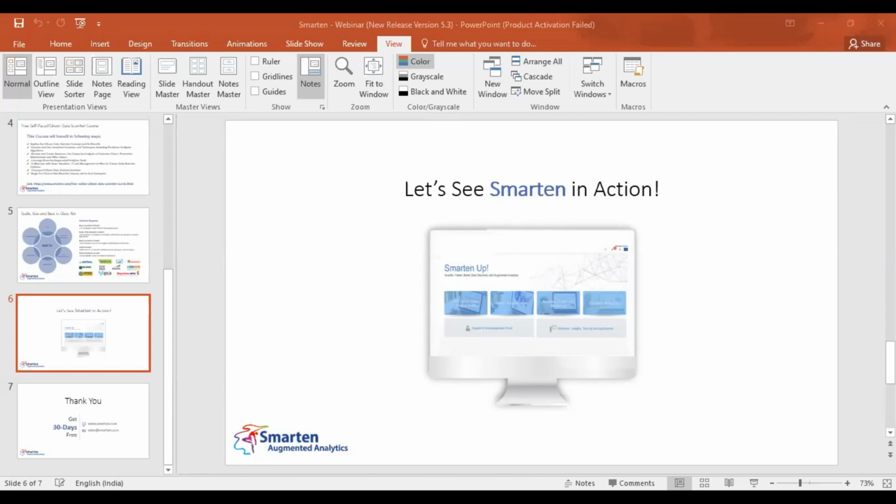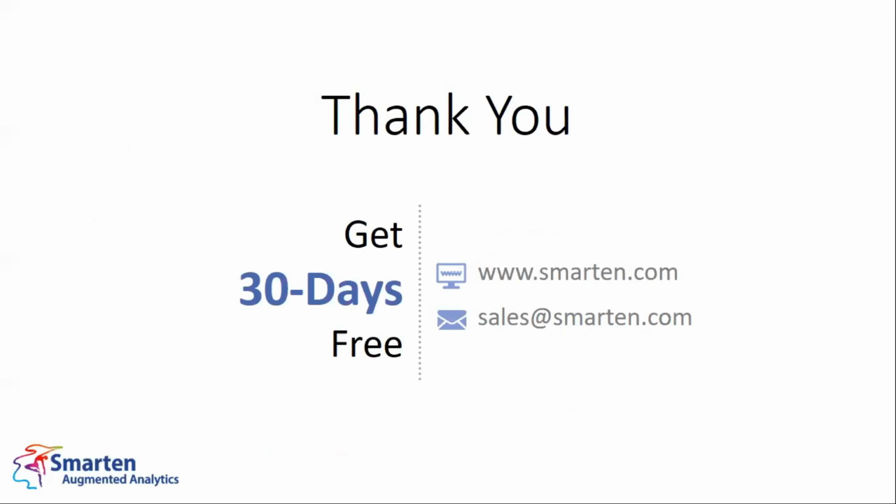Instead of Windows, if you want to select Linux or anything like that, you can do it. All the traditional and modern BI components are available in the base model of Smarten. There is nothing like a premium version or a base version. All the modern and traditional BI components are part of one platform itself.